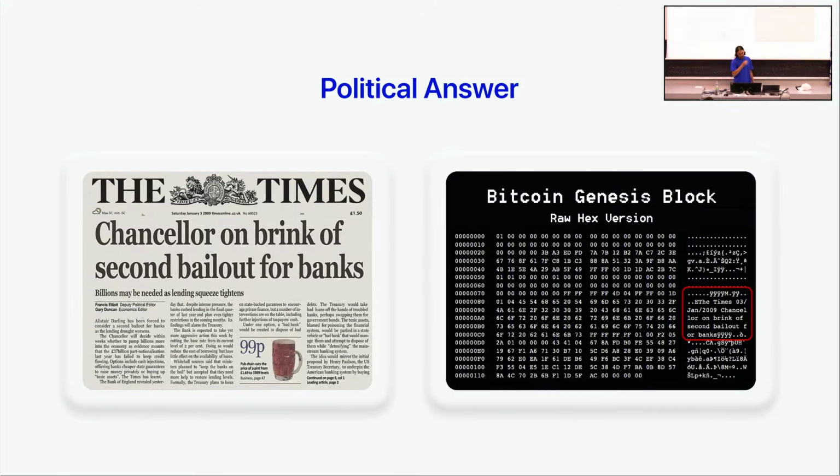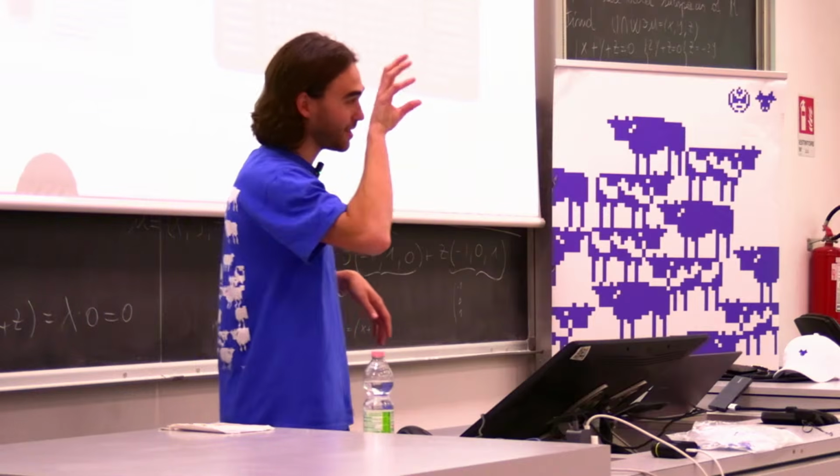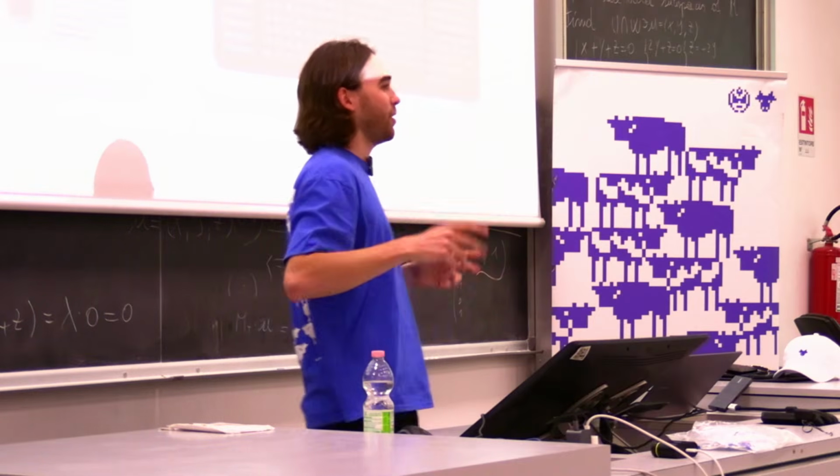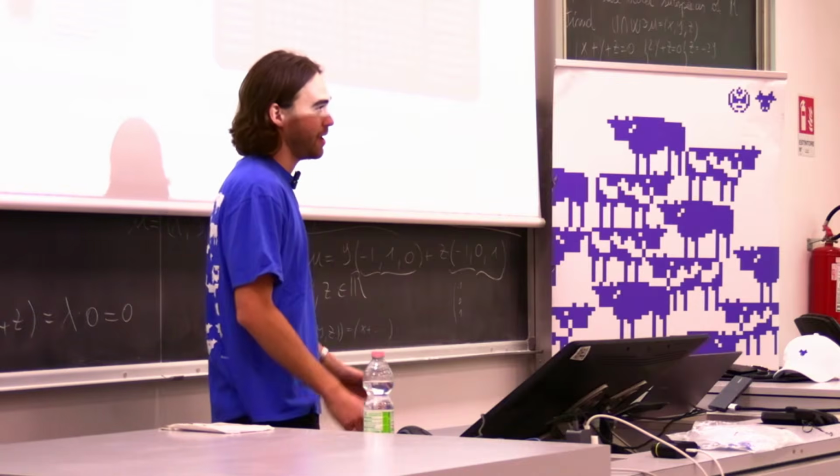Basically, he took the title of the Times newspaper of that day, 3 January 2009, which says the chancellor of England is saving another bank, as I was saying before, another bailout. And so he put this title in the block in a provocative way.